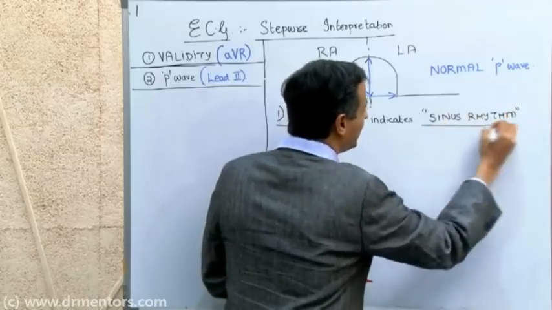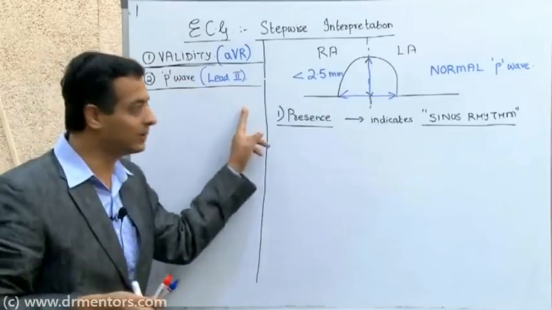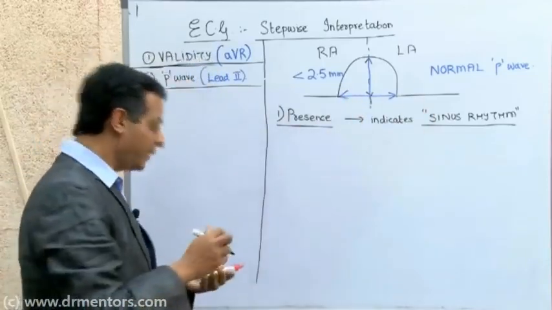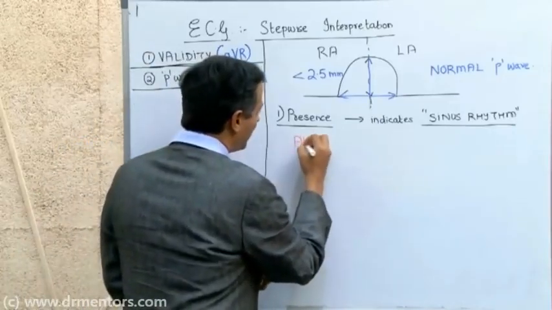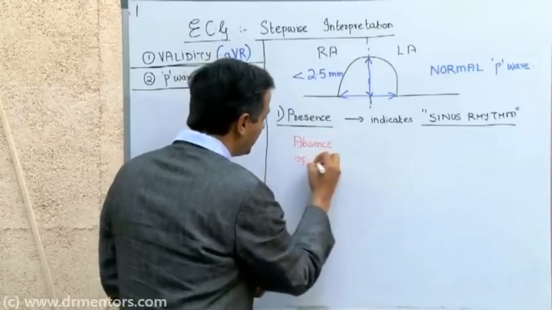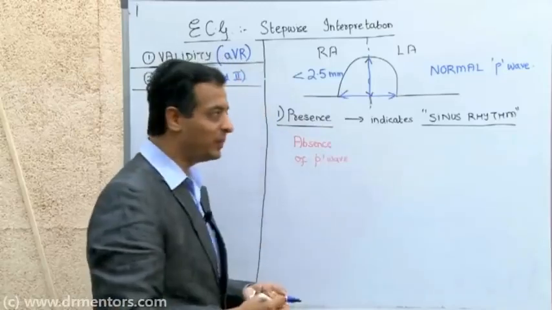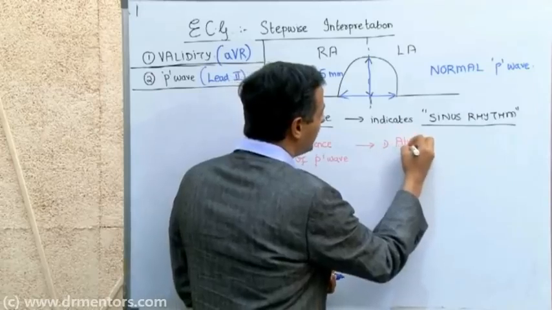So that is how we read the ECG. The P wave is present in lead 2 indicates sinus rhythm. Full stop. If the P wave is absent, what does the absence of the P wave indicate? It is not a sinus rhythm. Absence of the P wave is either atrial fibrillation.